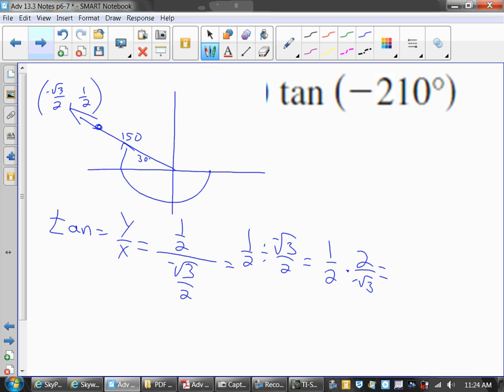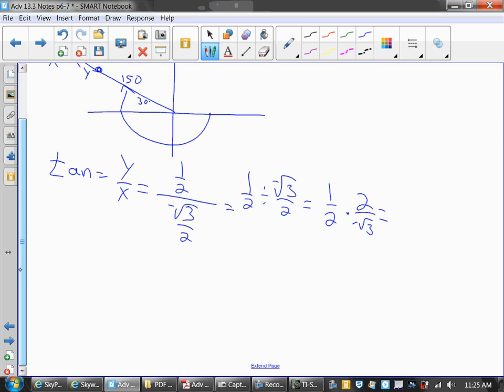So you just multiply by the reciprocal. Remember, this is x, this is y. Tangent is y over x. It's a complex fraction. Rewrite it. You wind up with negative 1 over root 3, which is negative root 3 over 3. There's your tangent.